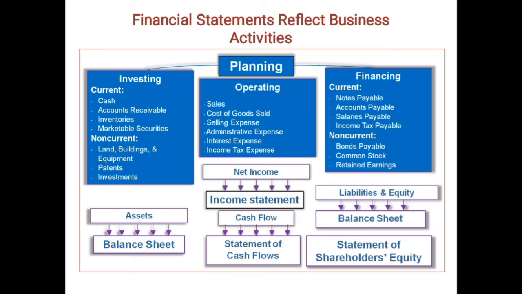This financing source comes from two types. The first type is from the owner's equity or our own funds, and the second comes from liabilities, such as a loan from the bank, which consists of current liability and non-current liability.